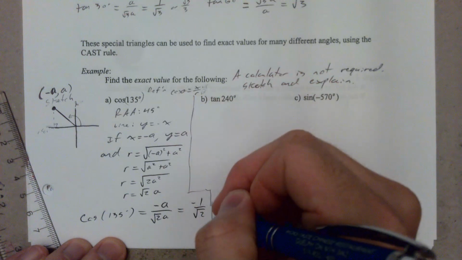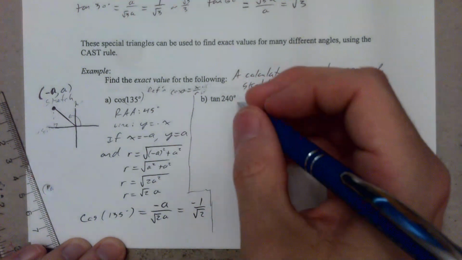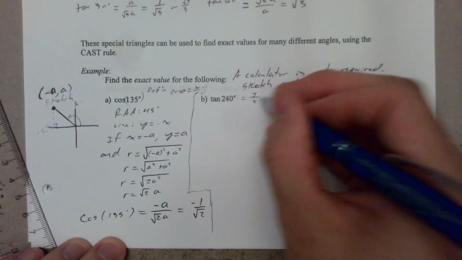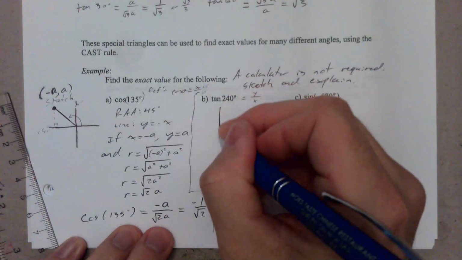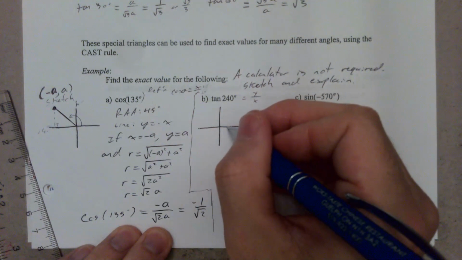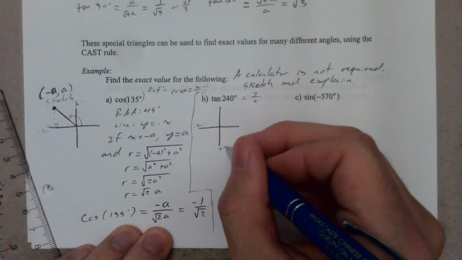Let's try the next one. Tangent of 240 degrees. Let's start with the definition this time. Tangent ratio is the ratio of y to x. Then I sketch the angle 240 degrees. 240 degrees, you might start to recognize it's past 180 degrees. It's not as far as 270 degrees.